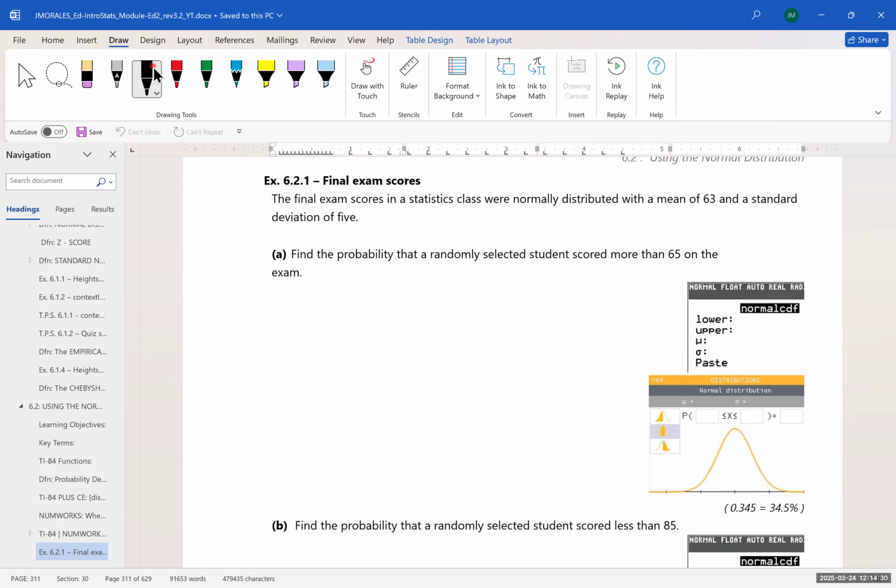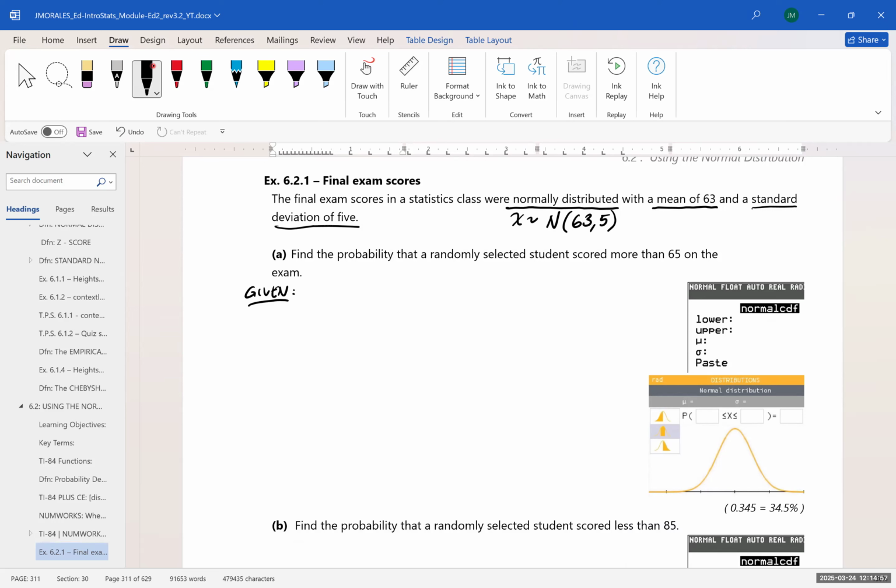So let's start with the given information. We know that we're dealing with a normal distribution. It has a mean of 63 and a standard deviation of 5.